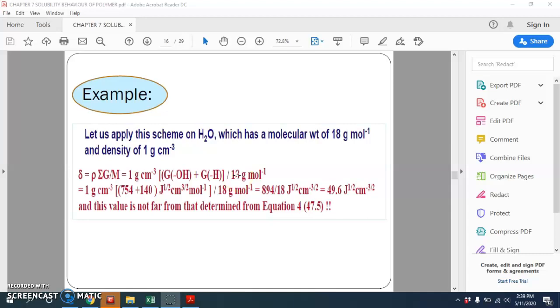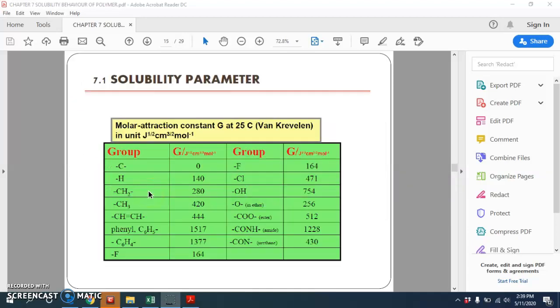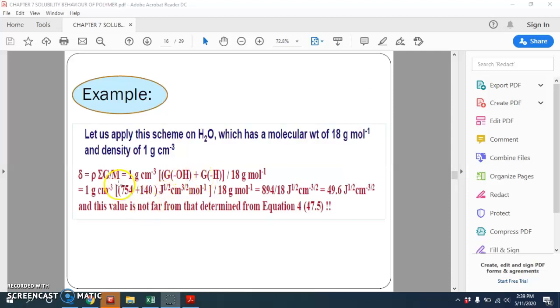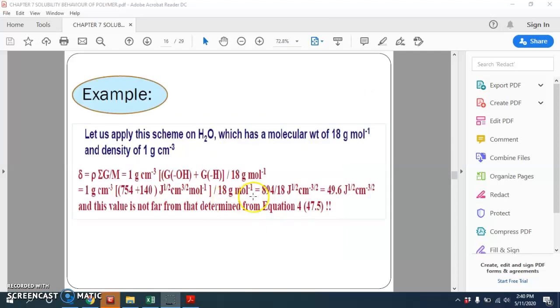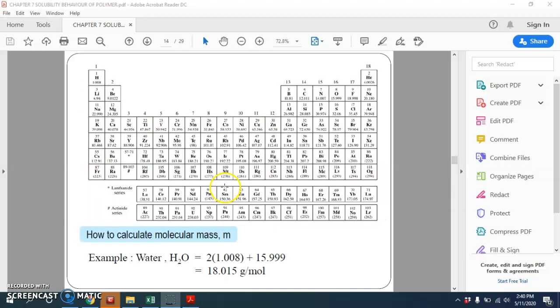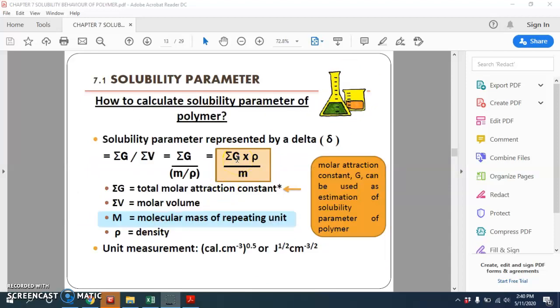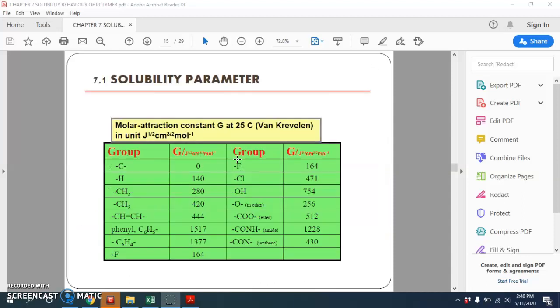So by referring the value in the Van Krevelen table, we have H is 140, H 140 plus with the OH, okay, H dah ada, OH nilai dia 754, okay, so tambah, kita dapat 894, dapatlah 894, and then 894 masukkan dalam equation yang ini, 894 times with 1 divided by 18.